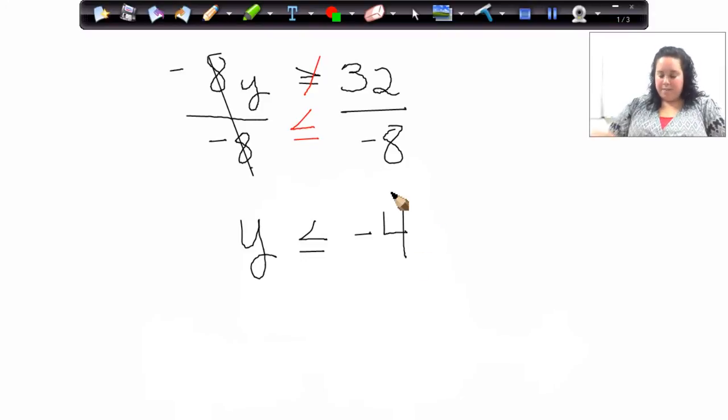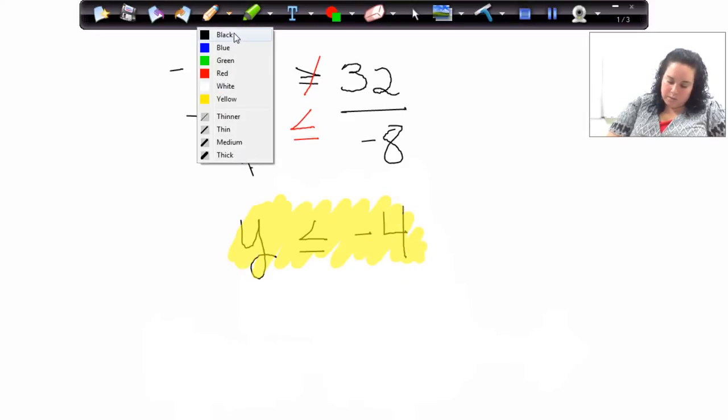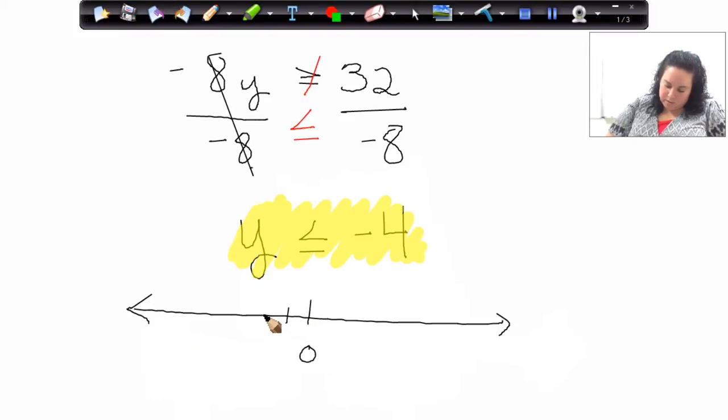Now, how do we graph this on a number line? Okay, so this is the answer. Okay, that's good. I'm just going to highlight it. But let's say we wanted to graph it on a number line. You'd have your number line, 0, 1, 2, 3, 4. -4 would be right here.